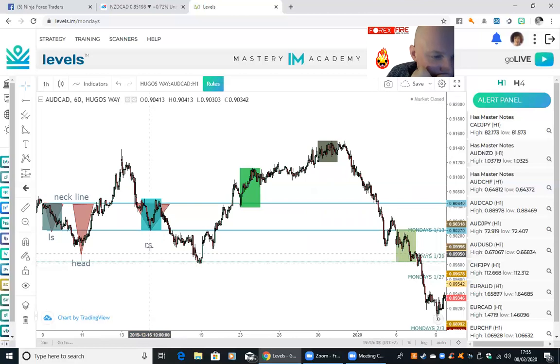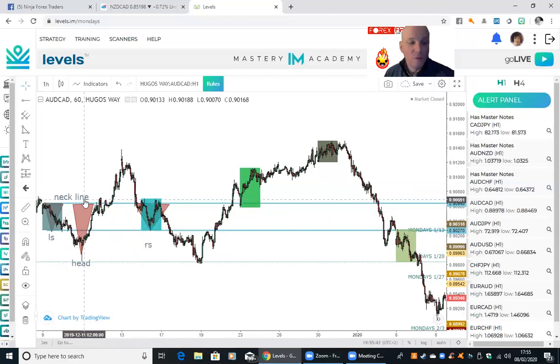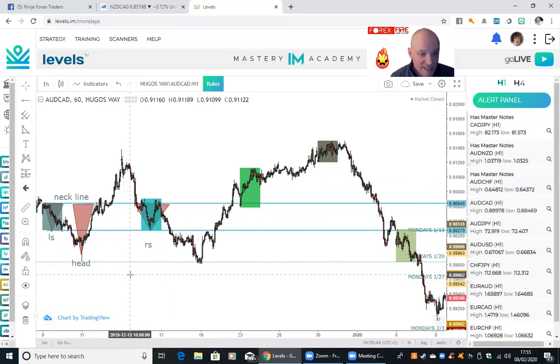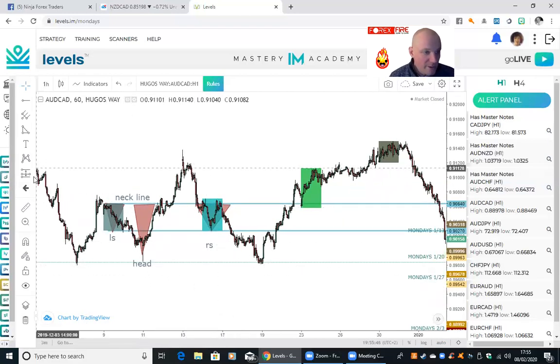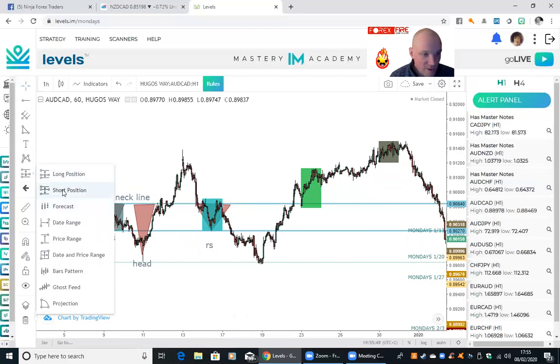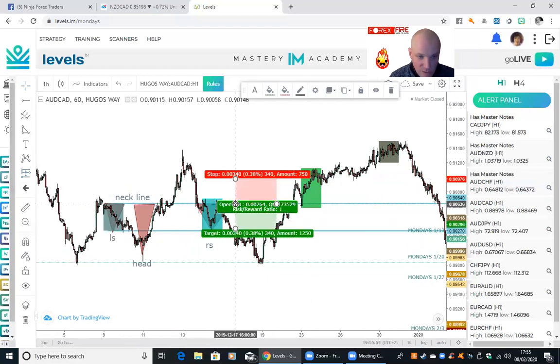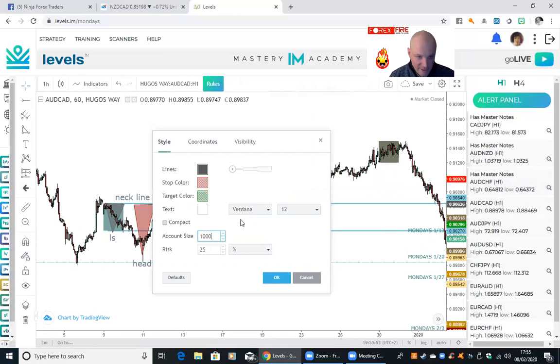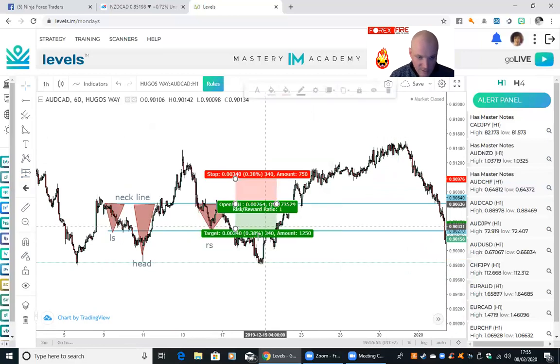From there, we would wait for the touch of the neckline. So going back to the neckline. And we had that more or less instantly. Okay. And then what would have happened is you would have sold that, and again, let's just take a look.